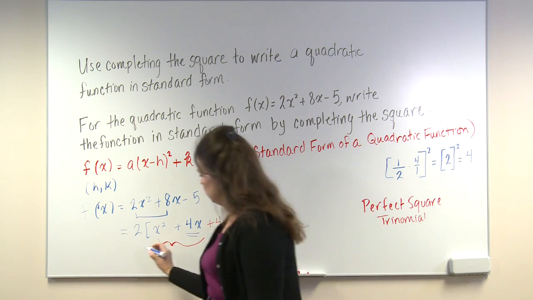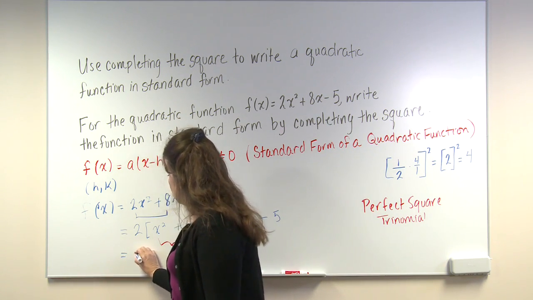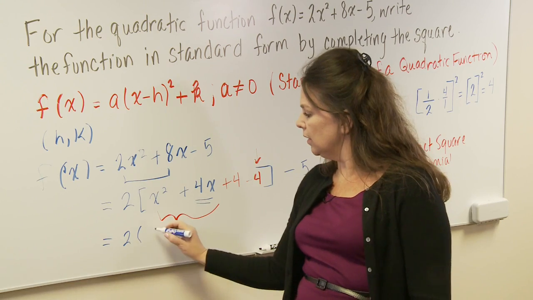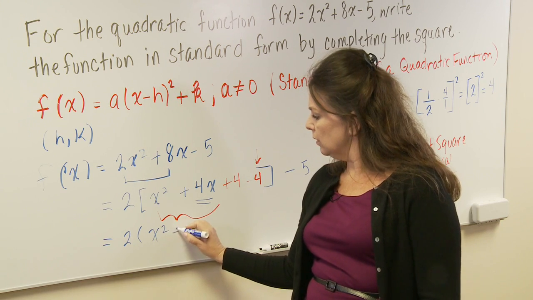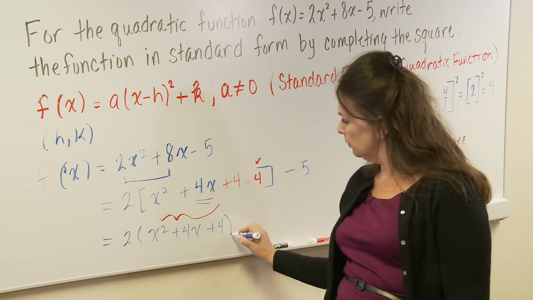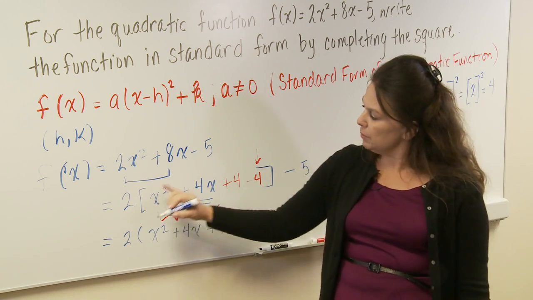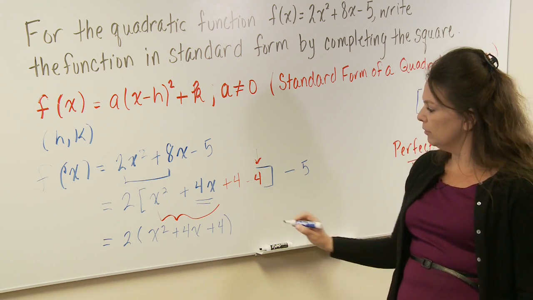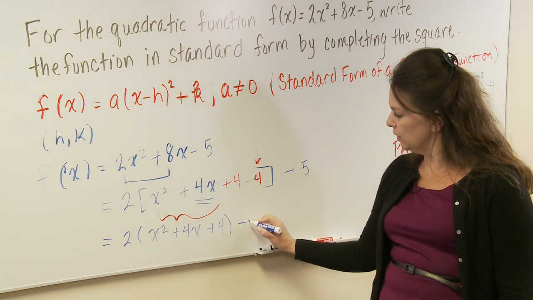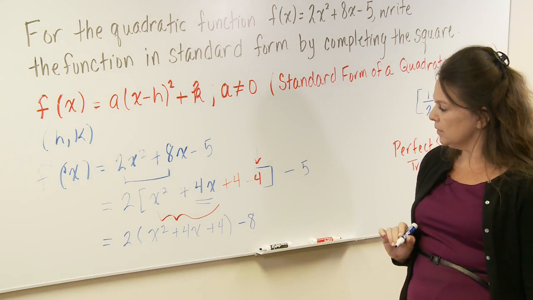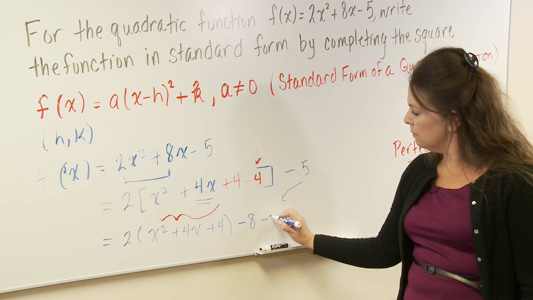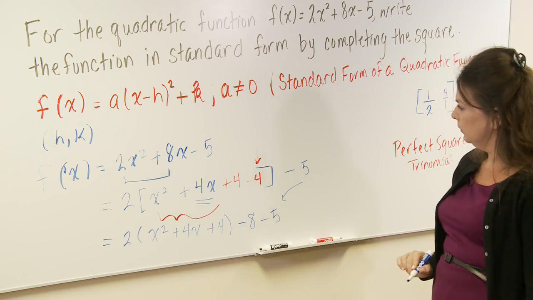My next step is I have 2, I'll leave this perfect square trinomial inside, x squared plus 4x plus 4. I'm going to apply the multiplication of 2 times negative 4 and bring it outside the brackets. So that's minus 8, and then I will bring down this minus 5.